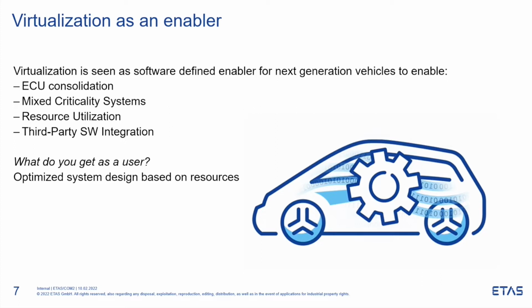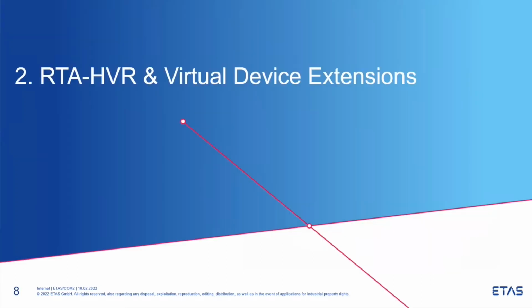So in general, what you get as a user is an optimized system design based on the resources addressing all these four factors. With that, I will then hand over to Andrew to continue with the further presentation.